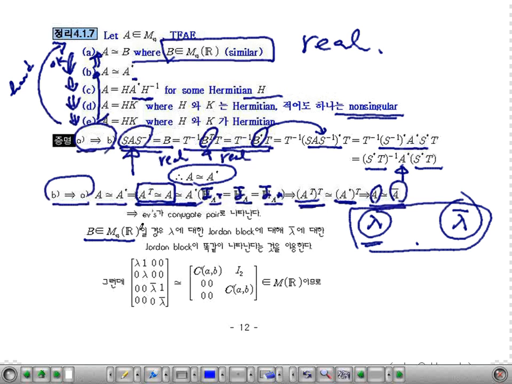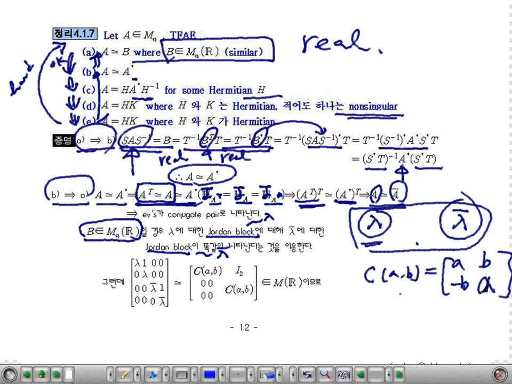So if B is a real matrix of size n by n, then for a Jordan block corresponding to lambda, we should have the same Jordan block corresponding to lambda bar. This is the notation that we use.